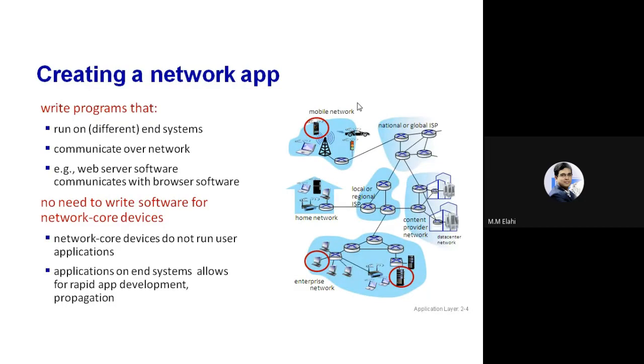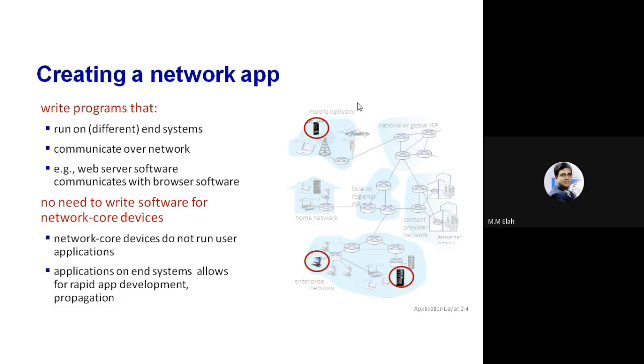Okay, first point we have discussed is that network applications are the programs or software that run on different end systems. So when we say application layer, we actually deal with what part of the internet?